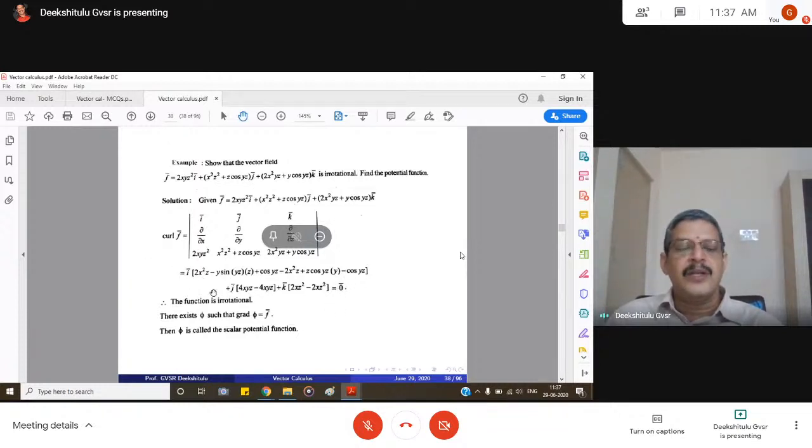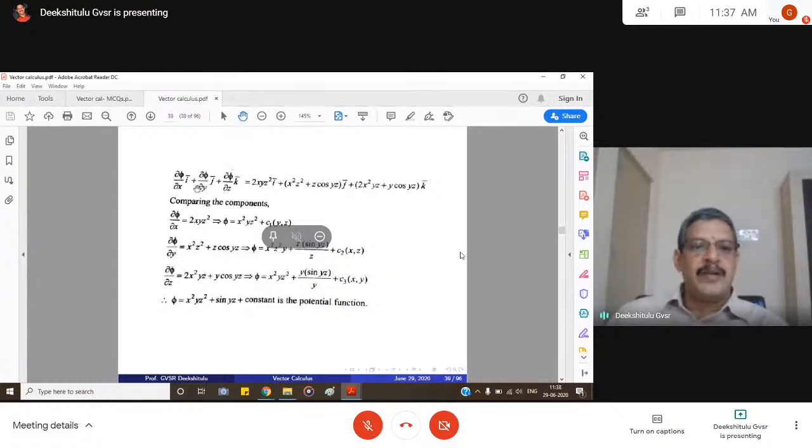So it is irrotational. Then there is a phi such that grad phi is equal to F bar. Whenever a vector function is irrotational, we can always find a scalar potential function phi, called scalar potential, such that the irrotational vector F bar is equal to the gradient of that. So gradient is ∂φ/∂x i plus ∂φ/∂y j plus ∂φ/∂z k is equal to F bar.